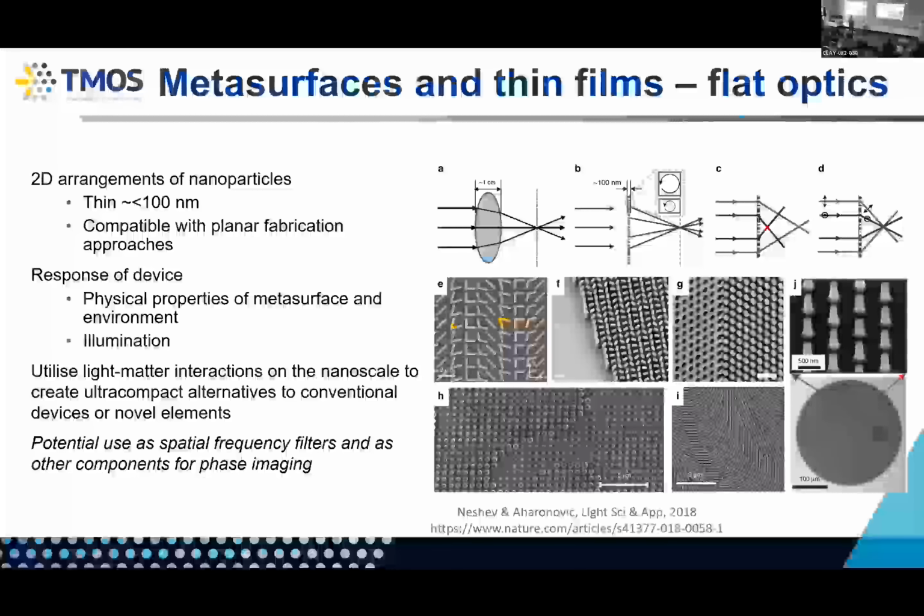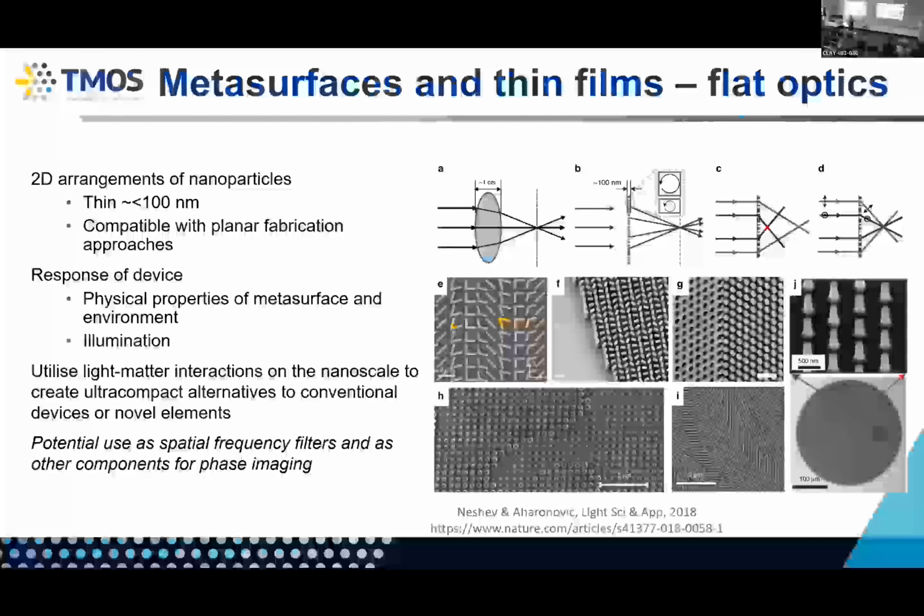Is there a substrate? Those sorts of things. And this is going to be important in what I'm going to be talking about later on. The behavior of the device also depends on the illumination. So it's going to depend on things like the polarization of the incident light. It's also going to depend, in some cases, on the direction of propagation of the incident wave field.